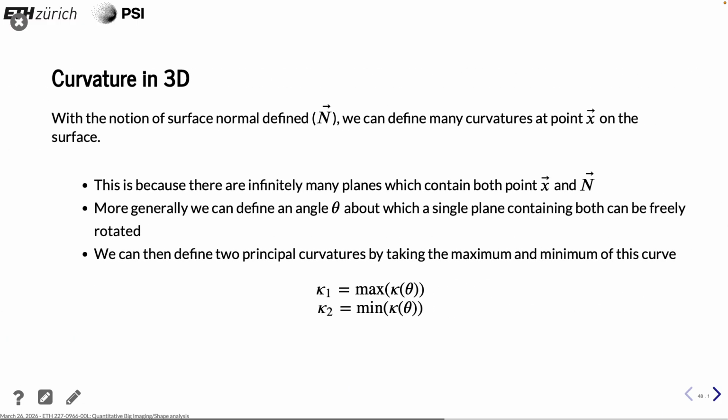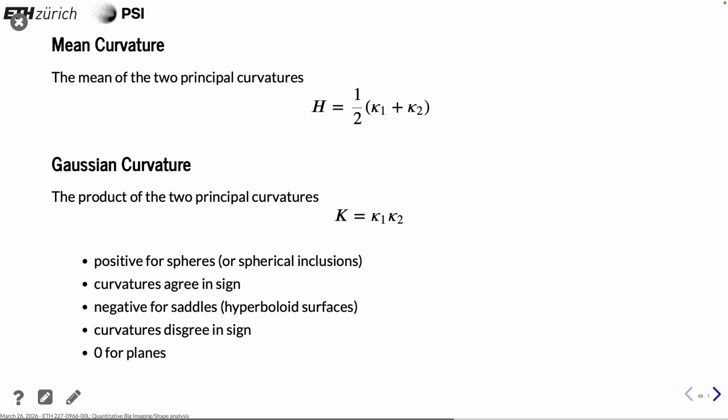And in 3D, you not only have one direction, but you can have several directions. So you have a minimum and maximum curvature at the local position, so you have 2 principal curvatures to look at. Then, depending on what you want to show, you can show also the mean curvature or the Gaussian curvature.